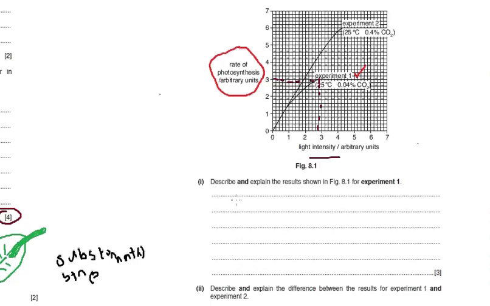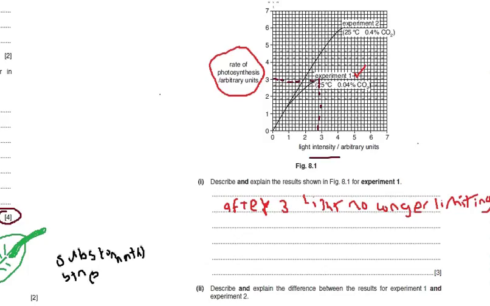You should write that after 3, light is no longer limiting; we have some other things limiting. That's the first thing.